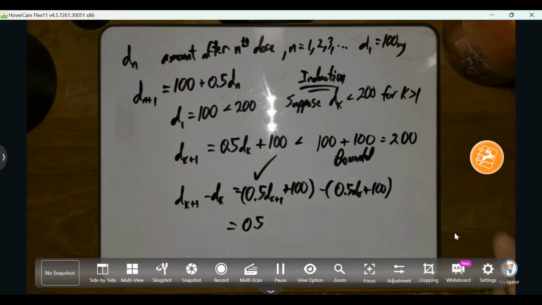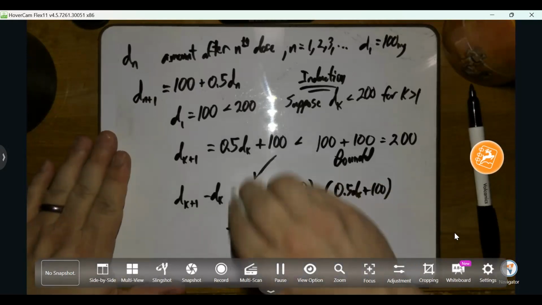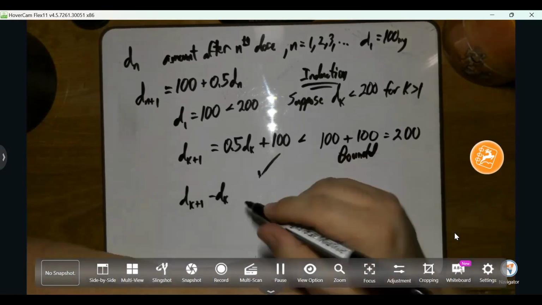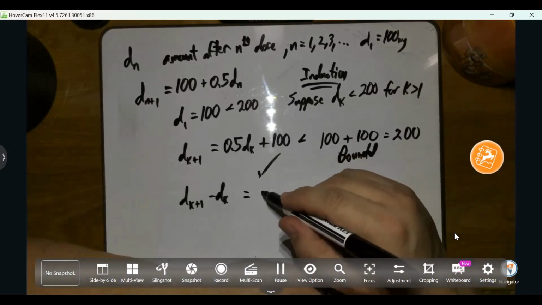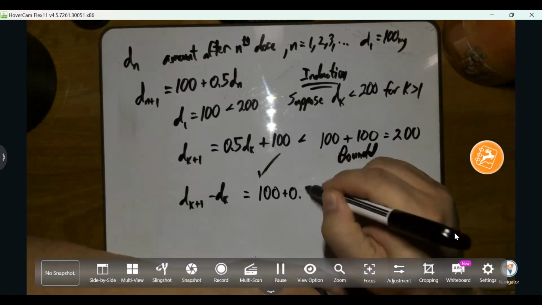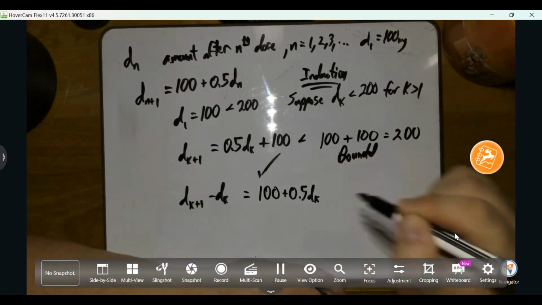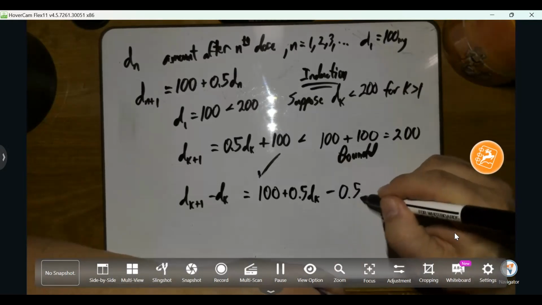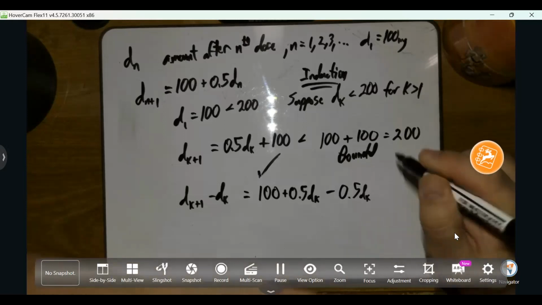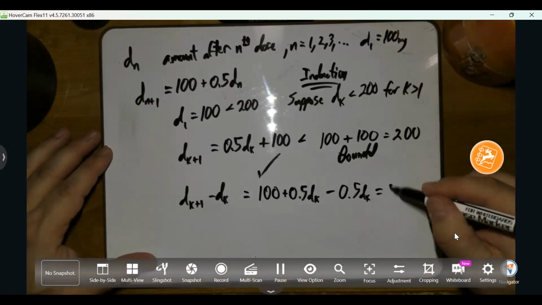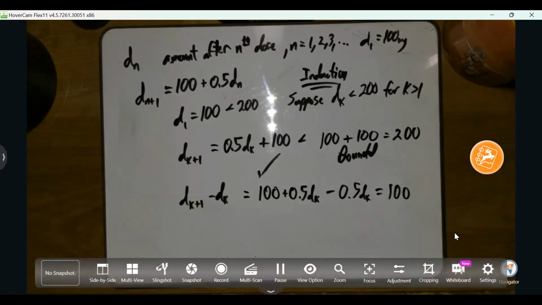Oh, hold on. I made a little bit of a boo-boo here. All right, so dk plus 1 minus dk. dk plus 1 is 100 plus 0.5 dk. We're going to subtract 0.5 dk. So that's just going to be 100.